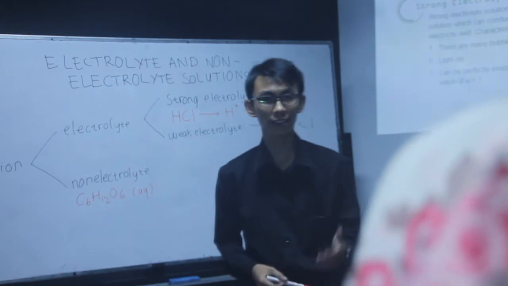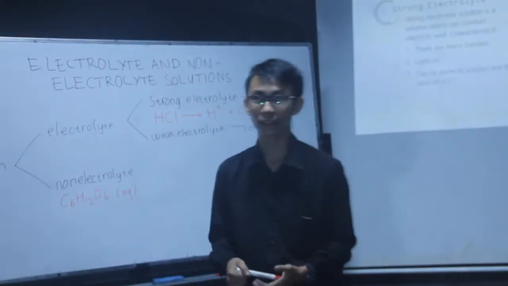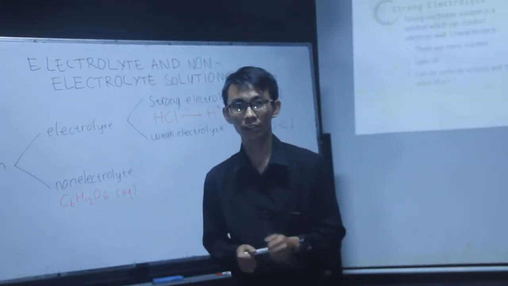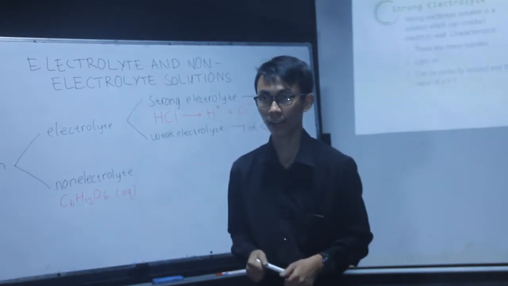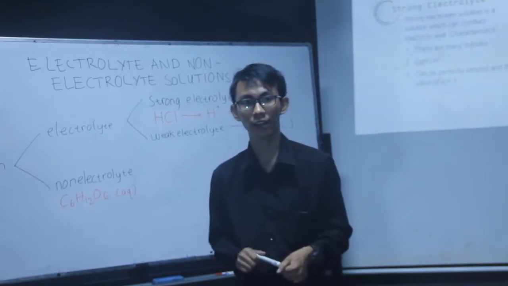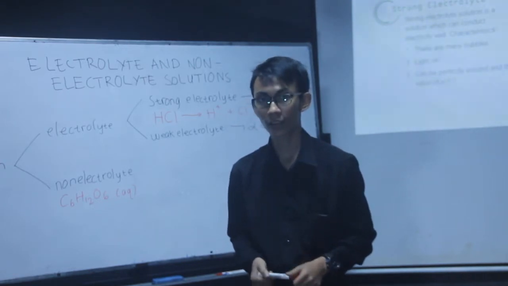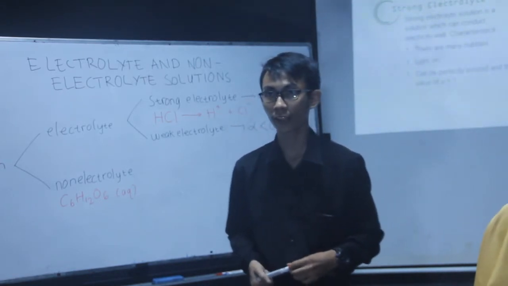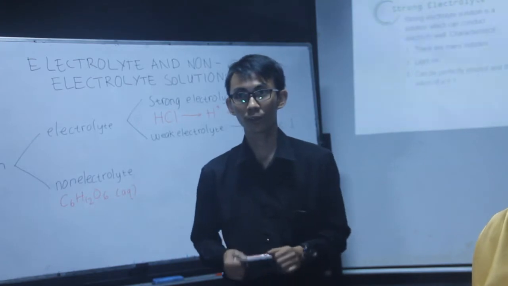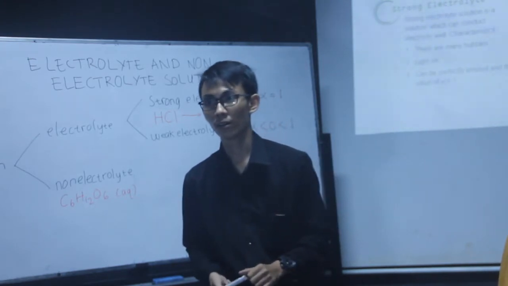Sir, yes, Astrid? I'd like to ask a question. What are some examples of electrolyte and non-electrolyte solutions? Good question. Examples of electrolyte solutions are strong acid groups, strong bases, and salts, such as hydrochloric acid, hydrogen bromide, sulfuric acid, sodium hydroxide, and more.